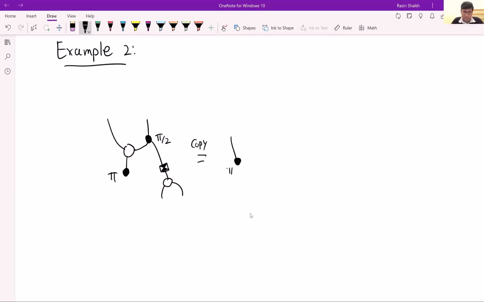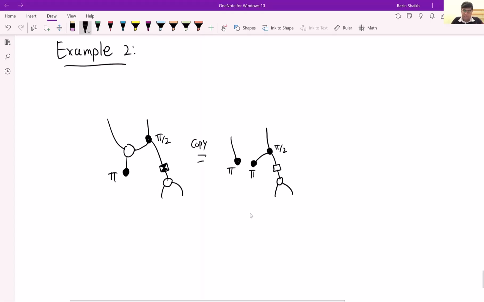So that means we'll have two spiders labeled pi, with the color change box on the side of that spider. Next, we can apply spider fusion.